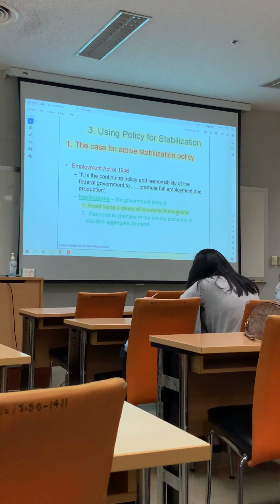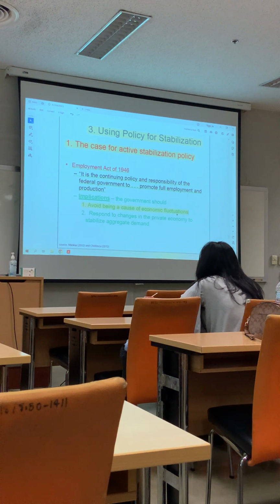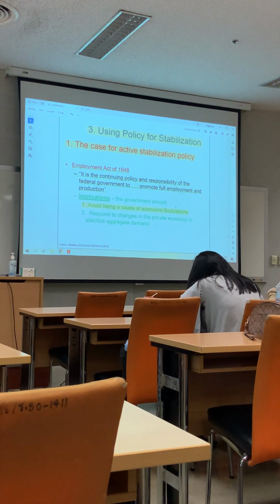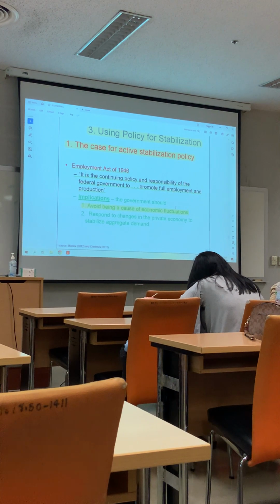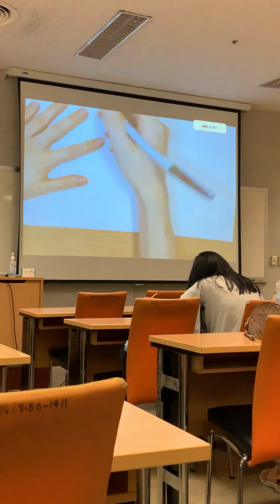In the U.S., it's written in the Employment Act of 1946 that the government should continue to use policy to promote full employment and production. So it is the duty of the government to do that and to do anything to avoid economic fluctuation. So you can write your own example saying that, okay, if the economy goes down, for example, if there is a recession, what do you do?